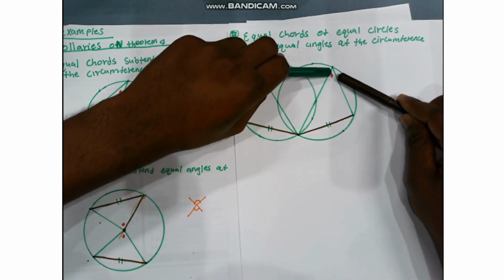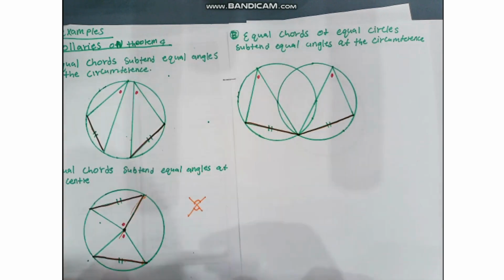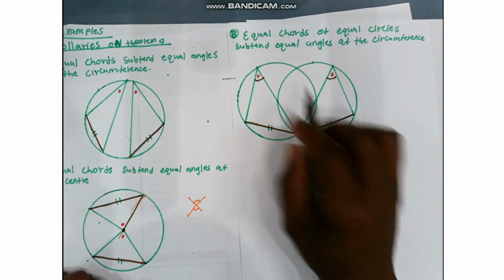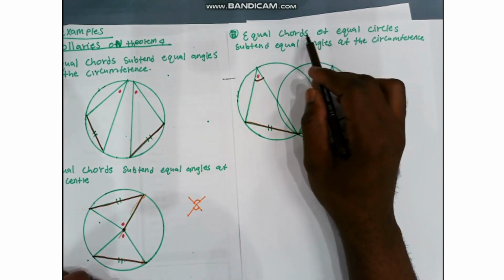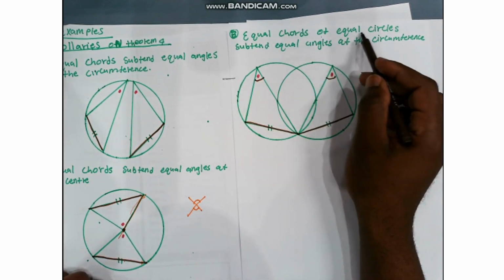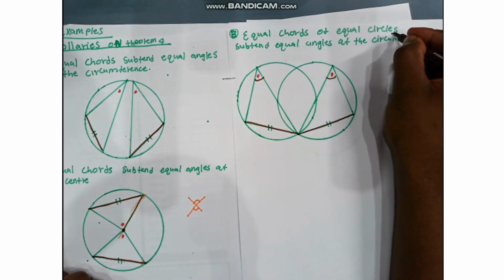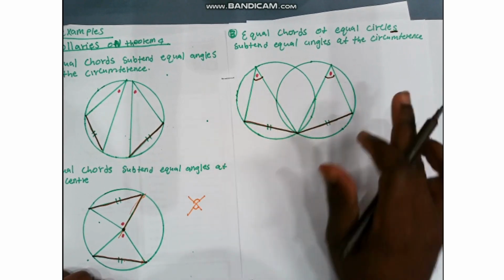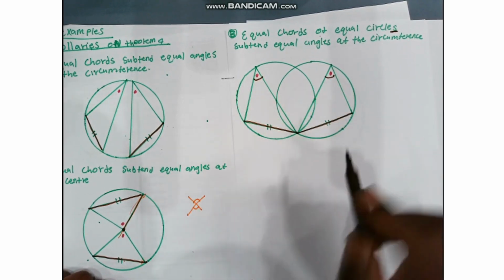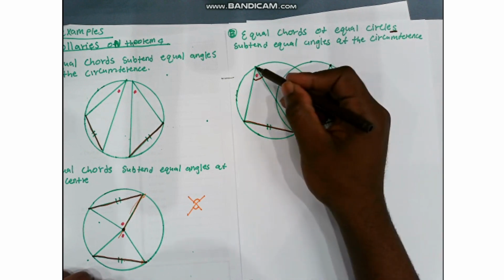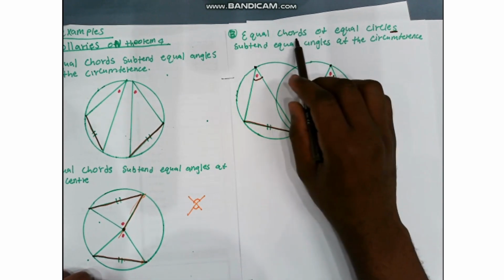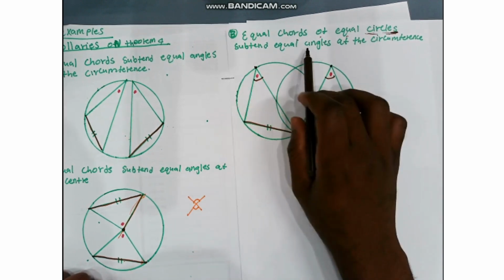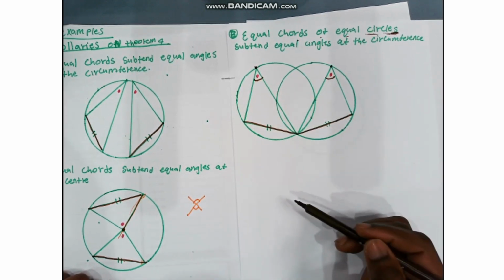So this one is equal to this one. Reason: equal chords of equal circles. Guys, circles, because there are two circles here. So equal chords of equal circles subtend equal angles at the circumference.